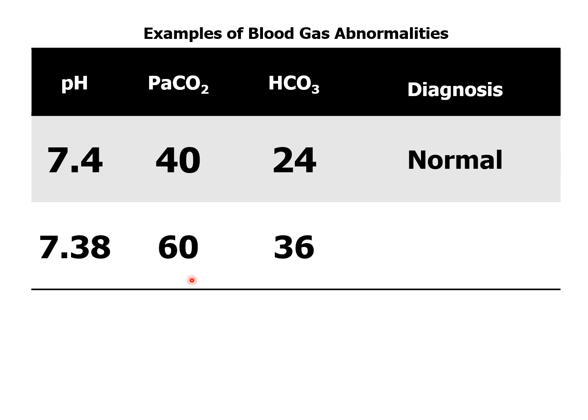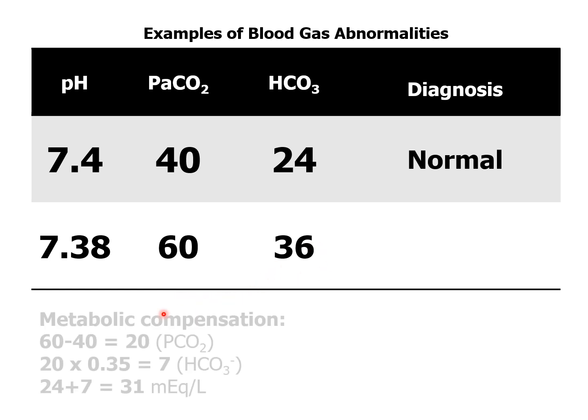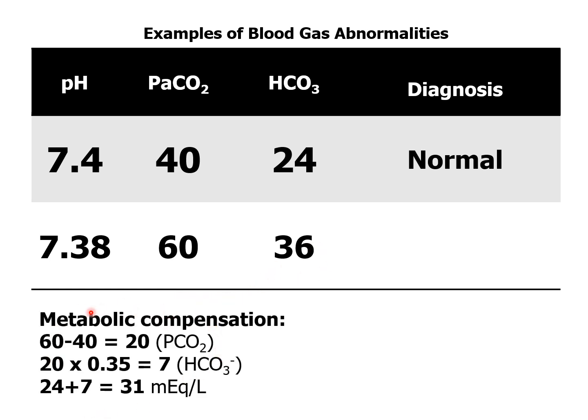So for compensation of bicarbonate, per 1 mmHg increase in the PaCO2, there should be a 0.35 increase in the bicarbonate. So these are the metabolic compensation.